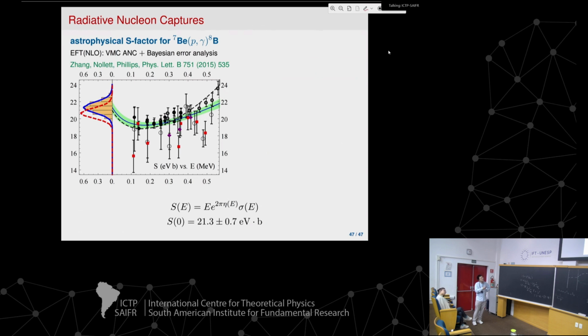So you can extend it to the intermediate range, and also use the Bayesian methods. You can combine the uncertainty from the experiment to get the uncertainty at the zero energy S factors. Okay, so I think this is all the slides I want to discuss here.